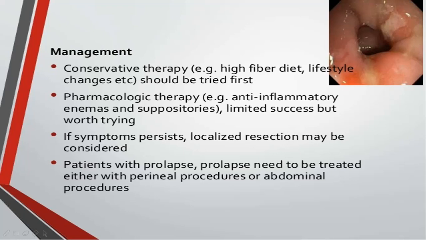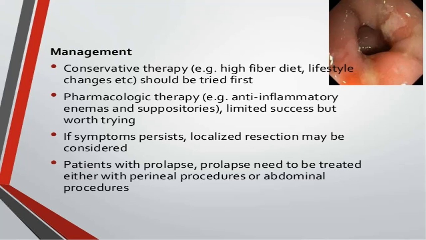So what is the management? Conservative therapy, simple. Go for conservative management, or if the patient has an associated pathology, deal with that pathology. Conservative management means giving the patient a high fiber diet, and lifestyle changes should be started first.